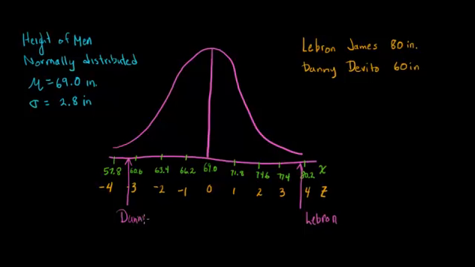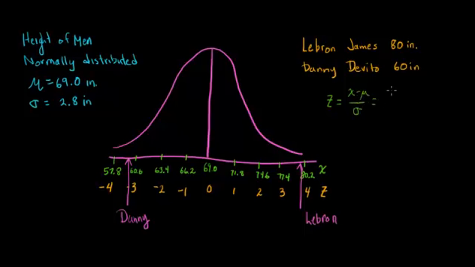Okay, but we can be more accurate than just estimating, eyeballing where they would be. We can calculate their z-scores. So let's do that. For LeBron then, we would say that his z-score is equal to, remember our formula is x minus mu over sigma.